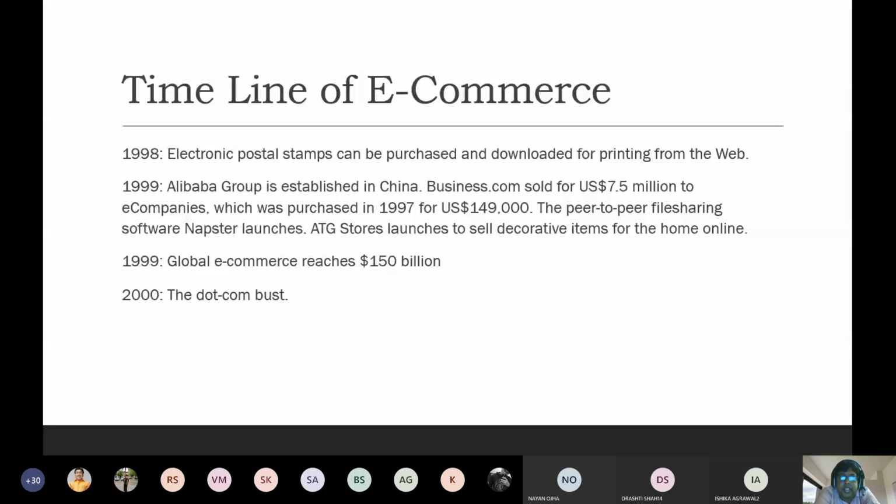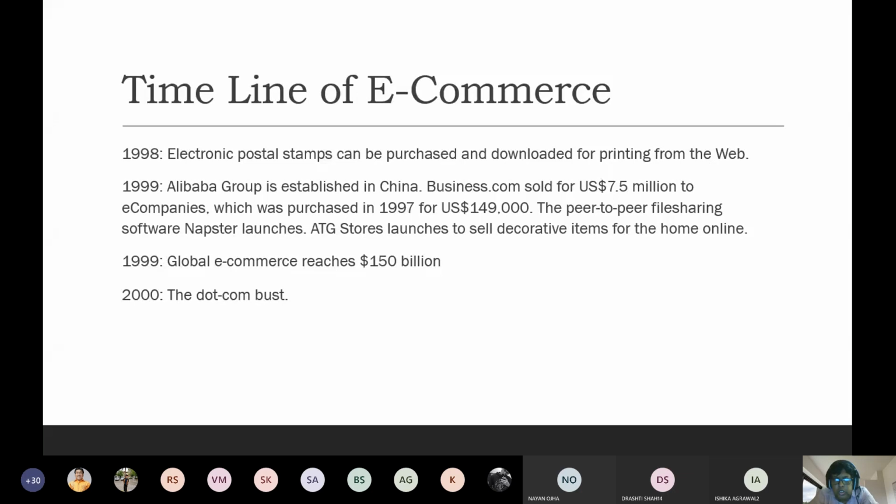That's where Alibaba set up its e-commerce platform, and that gave buyers across the world one place where they can shop for these cheap products. That's basically your Alibaba Group. So that's where global e-commerce in 1999 reached about 150 billion US dollars.